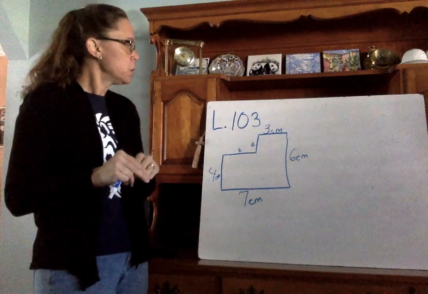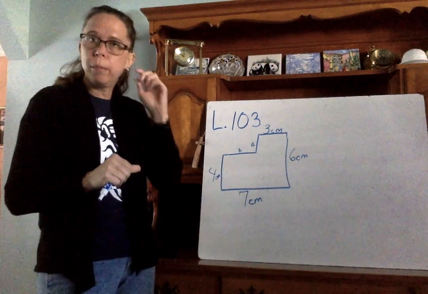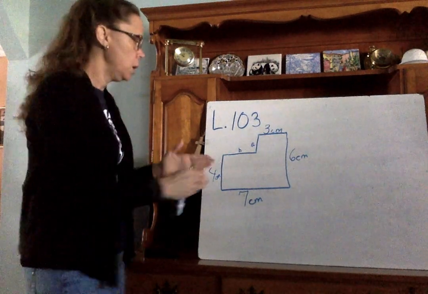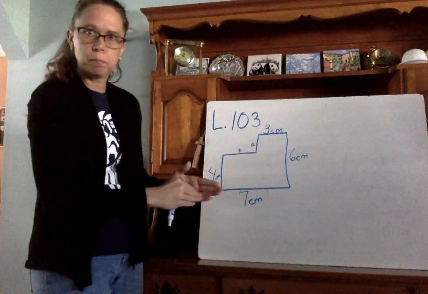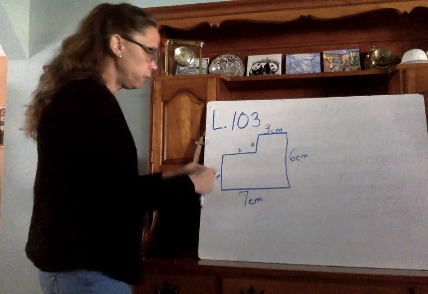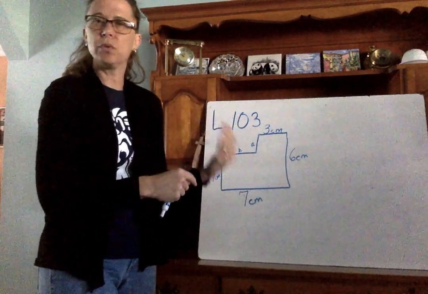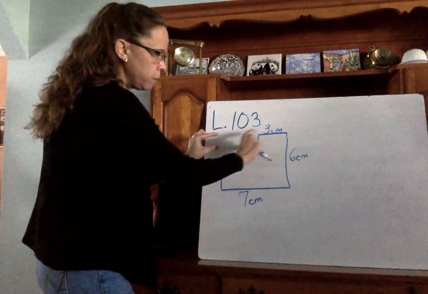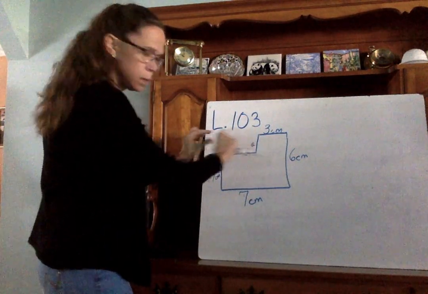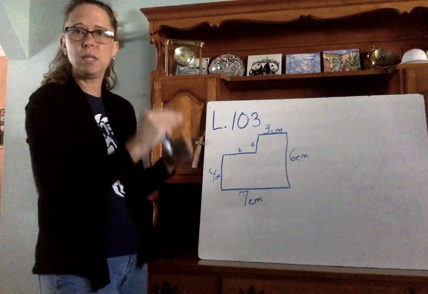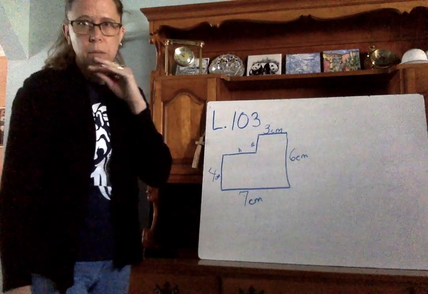So lesson 103 is about perimeter of complex shapes. What that means is when we have a shape like this that's not a full rectangle or a full square, where it looks like we have a piece missing, we have to know the lengths of every single side to find the perimeter.